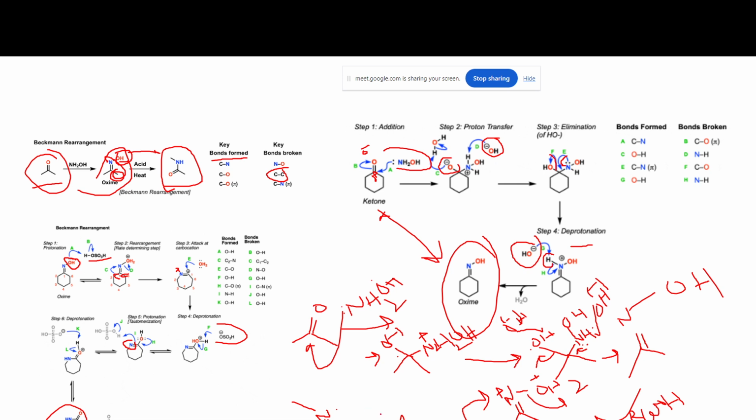So now what will happen? You have that water medium, which acts as a nucleophile now, and it will attack this carbocation. So you are getting the product like this.